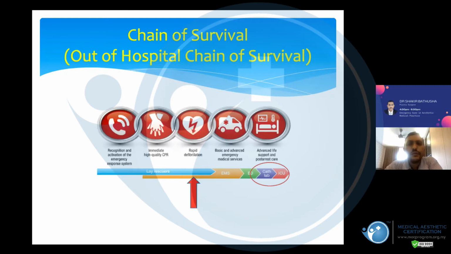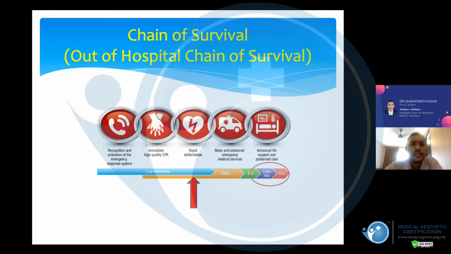When you attend a basic life support course, there will be a chain of survival. This picture you will always see. If you look into it, it has 5 chains: early recognition and activation of the emergency response system, followed by immediate high quality chest compression or CPR, followed by early rapid defibrillation, transfer of the patient to a basic or an advanced medical care facility, and provision of advanced life support and post-arrest care.